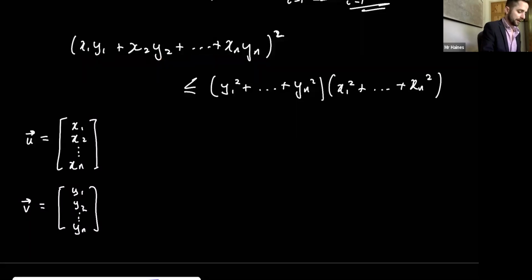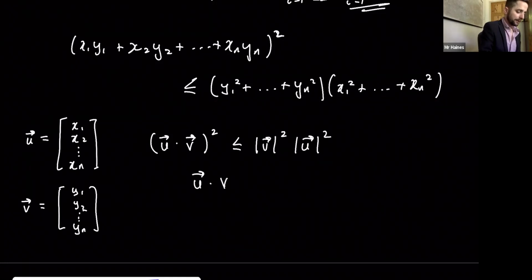So that's u dot v squared. And here we've got the squares of the magnitudes. So that's the magnitude of the vector v, and that's the magnitude of the vector u. So it is smaller than or equal to the magnitude of v squared times the magnitude of u squared. And when we square root, all Cauchy-Schwarz really says is the dot product is smaller than the product of the magnitudes.